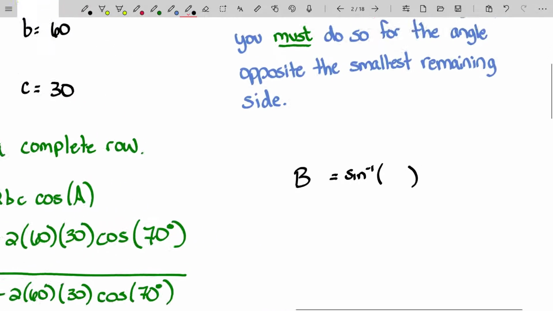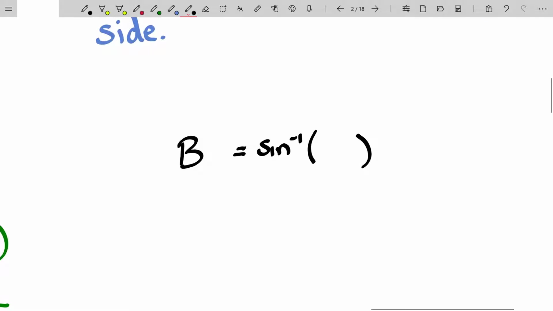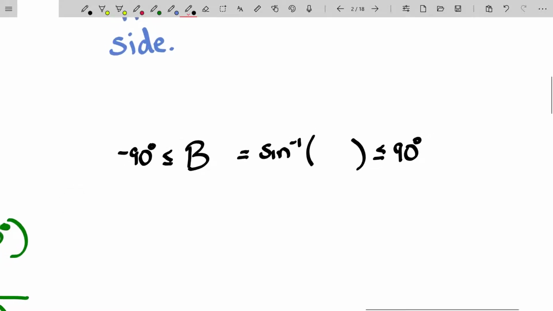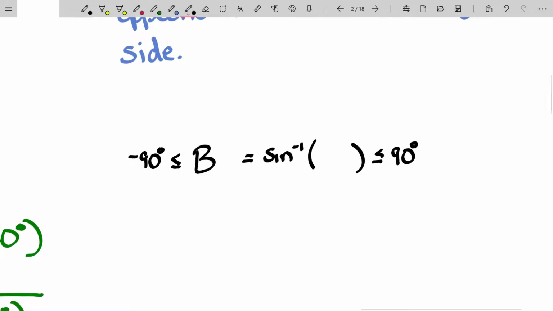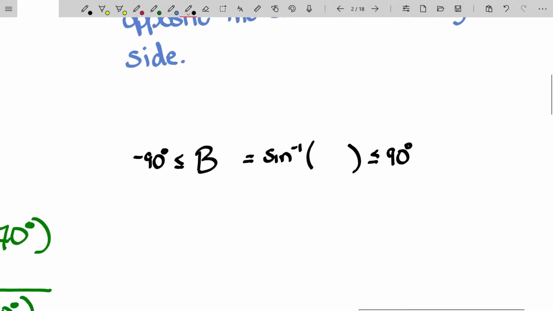Well, we know from our material in trigonometry so far, sine inverse will only return angles between negative 90 degrees and positive 90 degrees. And to be honest with you, in a law of sines or law of cosines problem, you're dealing with positive ratios. In other words, positive numbers.